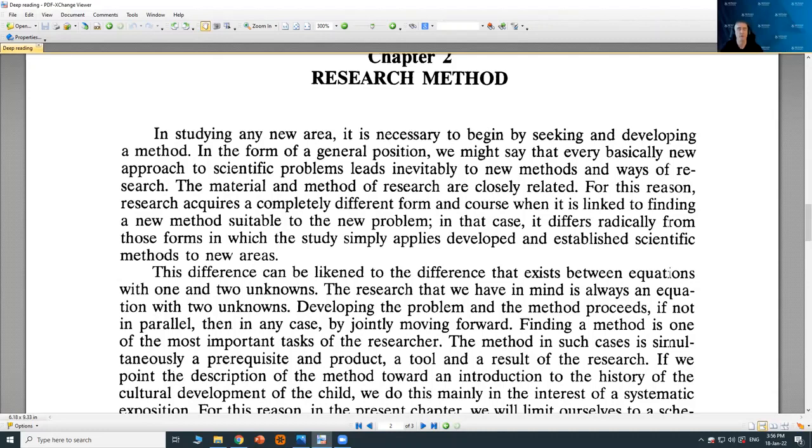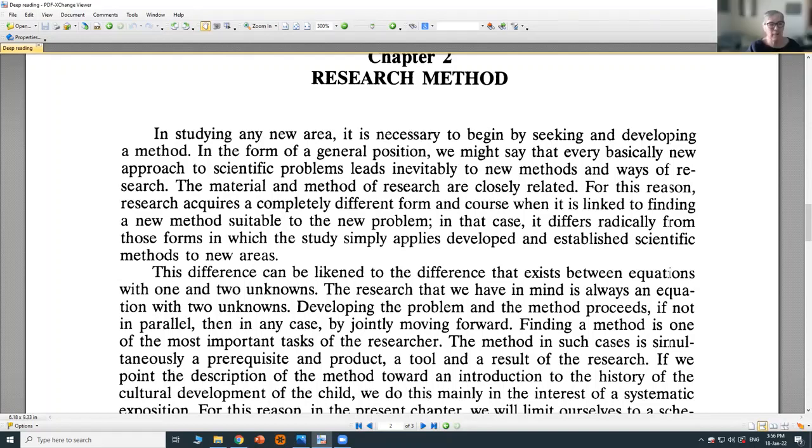Okay. So Vygotsky begins this sentence with the point, for this reason, research acquires a completely different form and course when it's linked to finding a new method. My question is, for this reason, for what reason? What reason does Vygotsky mean? Because material and method are closely related.